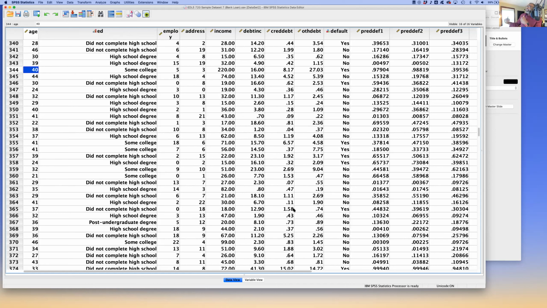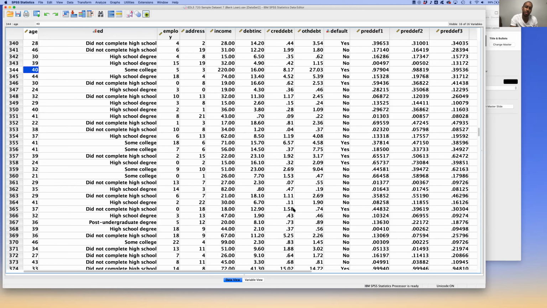And so even though I didn't put other debt or credit card debt in there, if you're a person who is making money and paying your bills, then those values are going to have relationships with the ones that we did include in the model. Does that make sense?